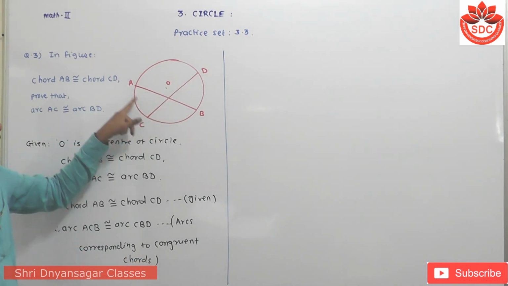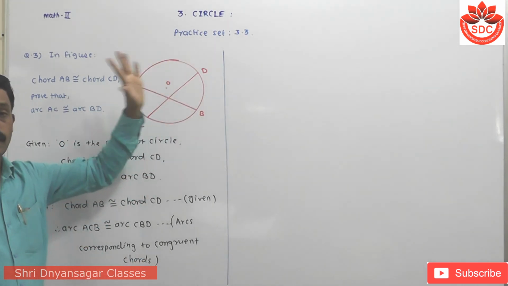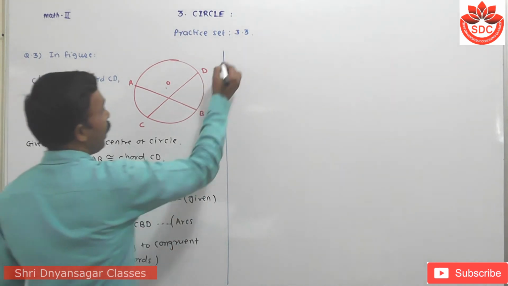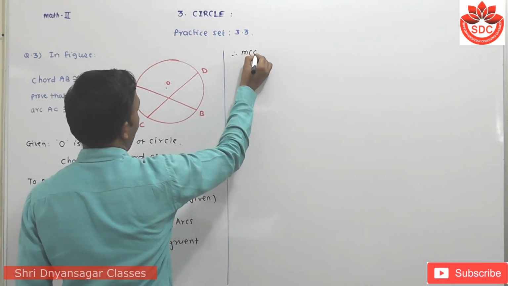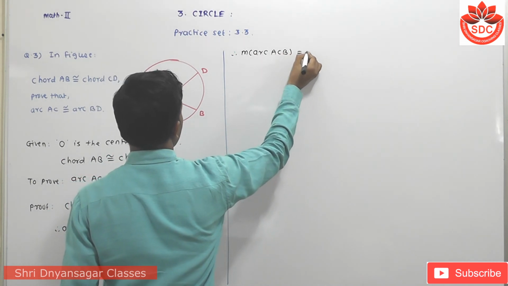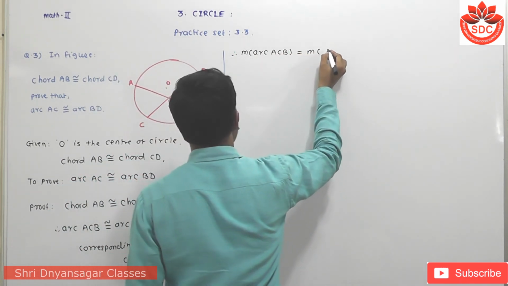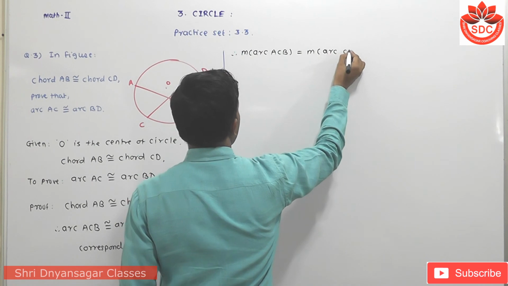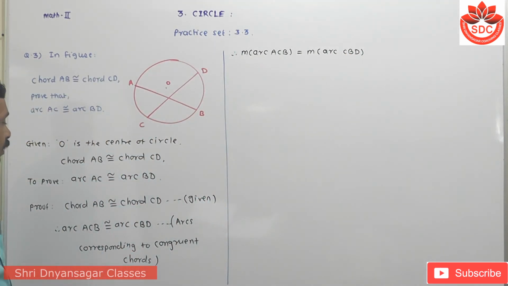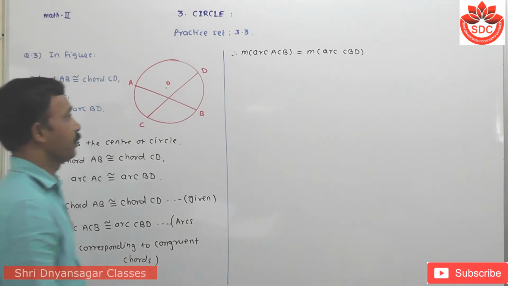That means the chords are congruent, therefore their corresponding arcs will also be congruent. If the arcs are congruent, their measures are equal. So I will write, therefore, measure of arc ACB is equal to measure of arc CBD. Student, let this be our equation number first.